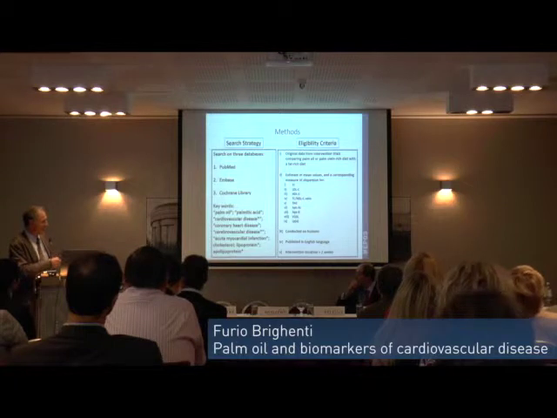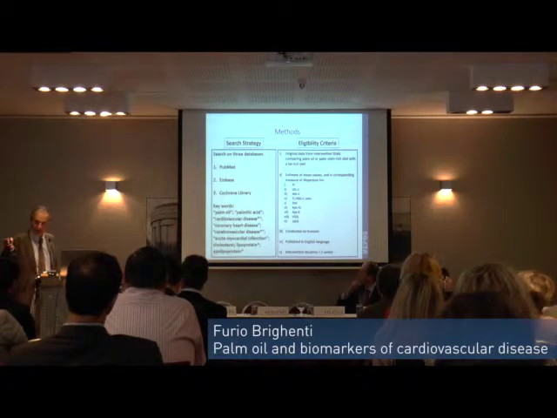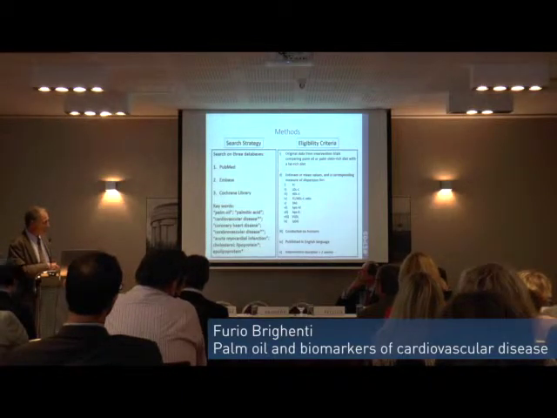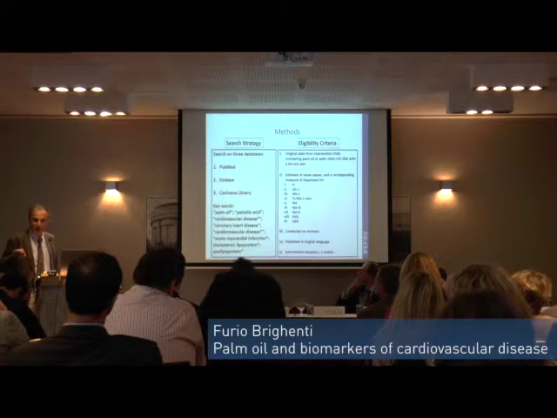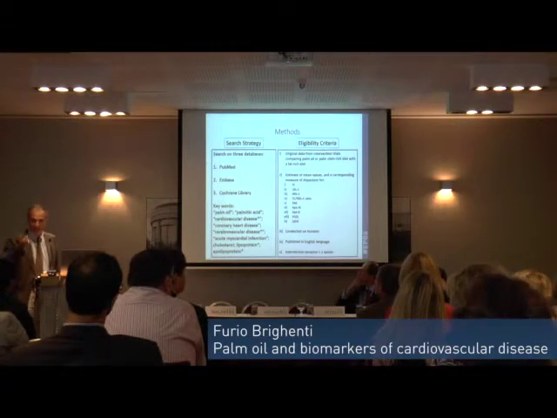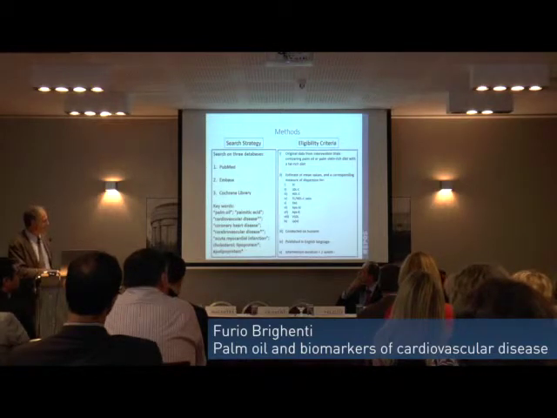That means they provided estimates on lipid markers, which can be associated with increased or decreased risk of cardiovascular disease, which is a list now, it's not just total cholesterol, also subfractions and so on. There were studies conducted in humans, published in English, with an intervention duration of more than 2 weeks, because this is the time limit in which we can see some effect in modification of the lipid profile.